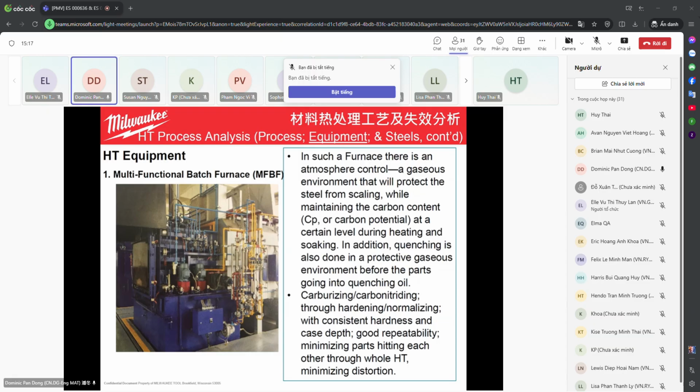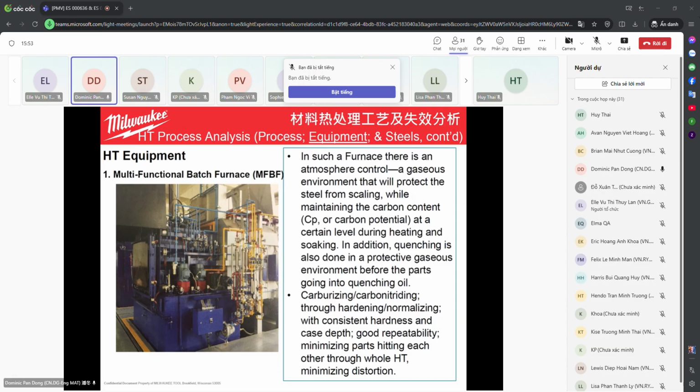It's about equipment. This page shows a typical so-called multifunctional batch furnace. This is, simply speaking, very high price, high quality control, and high production efficiency, and this type of equipment is TTI's standard requirement for our heat treatment suppliers to use for parts with critical quality requirements.